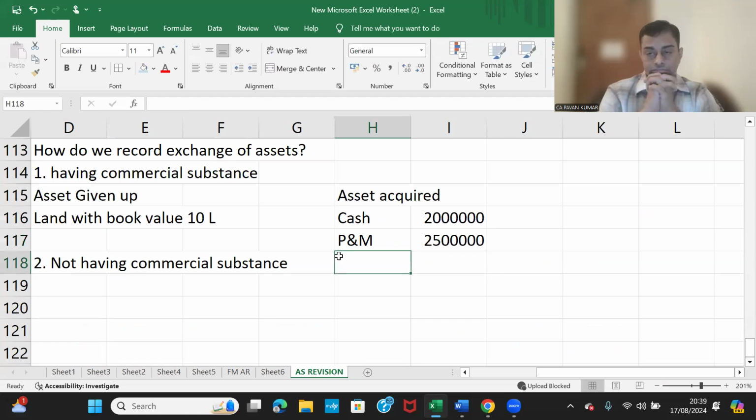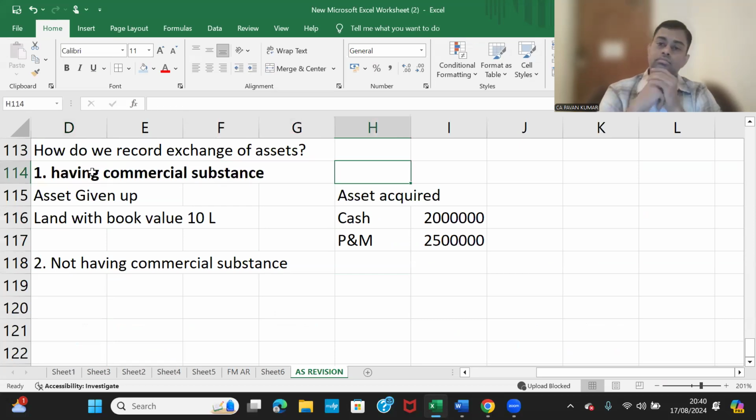How do you pass this journal entry? When the exchange has commercial substance, it means a very genuine and transparent transfer or exchange. So simple, you acquired cash 20 lakhs, debit, plant and machinery 25 lakhs, debit, credit to land 10 lakhs, and recognize profit on sale of land 35 lakhs.